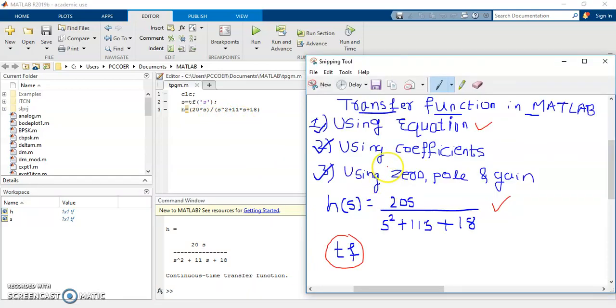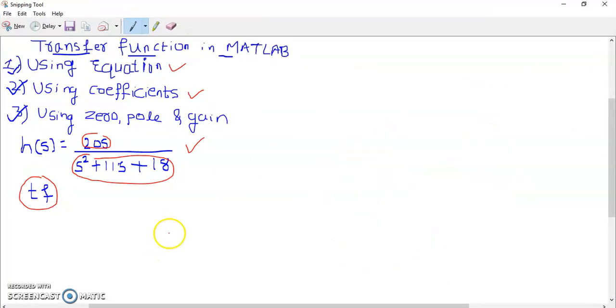Let us see the second method, that is called using coefficients. For this, you need to find out the coefficients of the transfer function in the numerator as well as the denominator. For that, the command will be in this way.